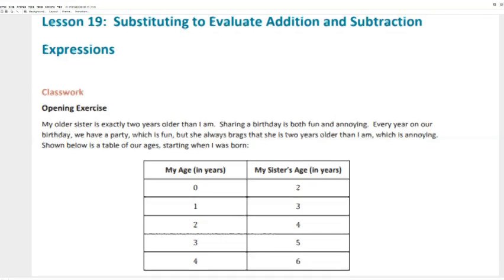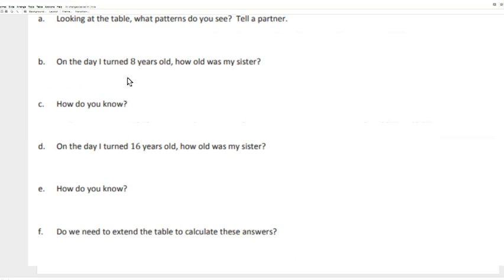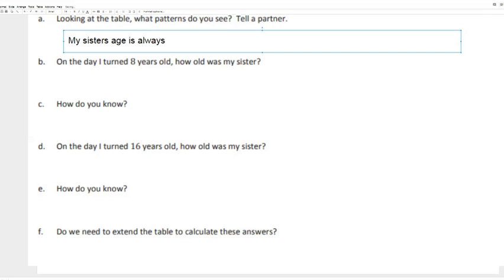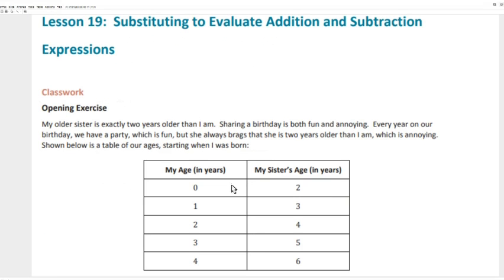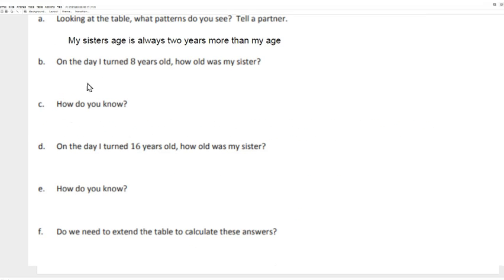So the sister's age is always 2 years older, greater, or more than my age. All right, so that's a pattern that I see. It's always that situation going on, no matter where we look at the table.